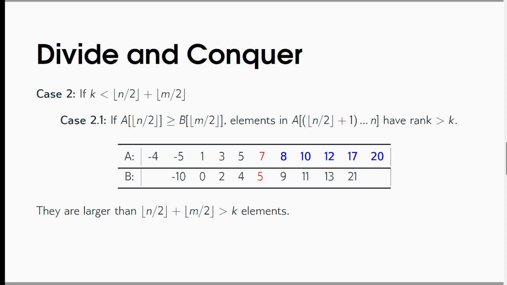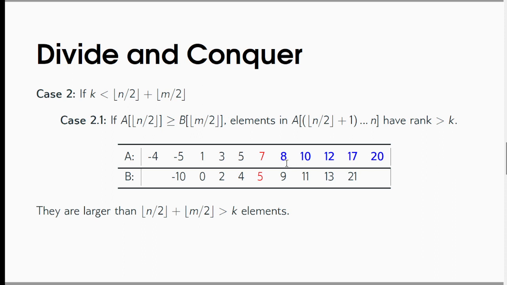again, we consider two subcases. If A of n over 2 is larger than B of m over 2, then the elements in the right half of A will have rank strictly larger than k.